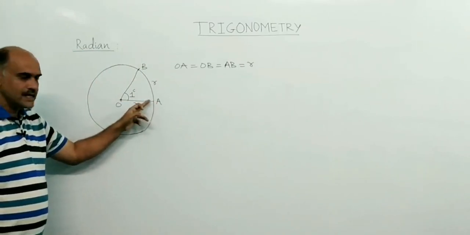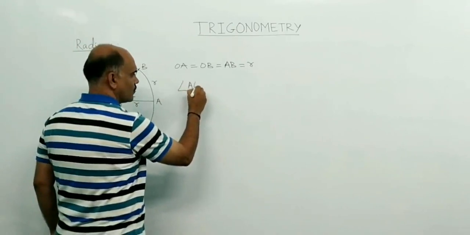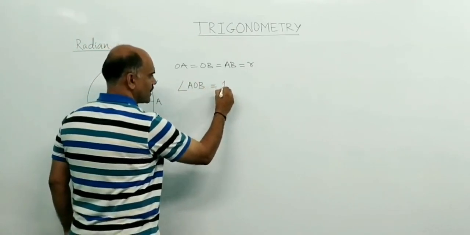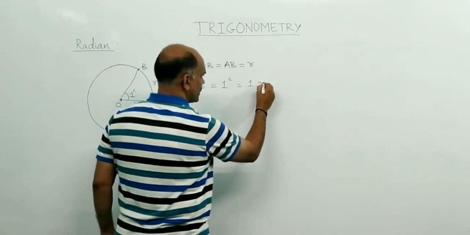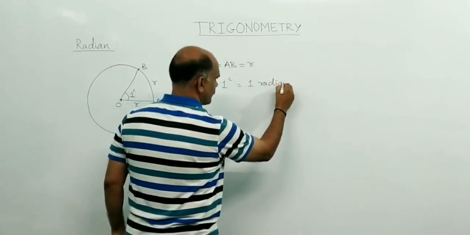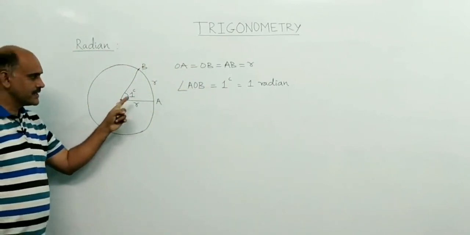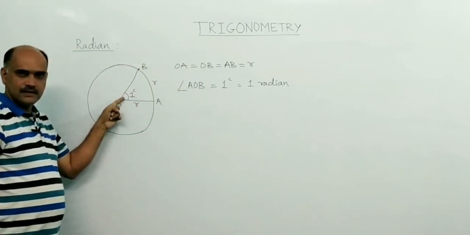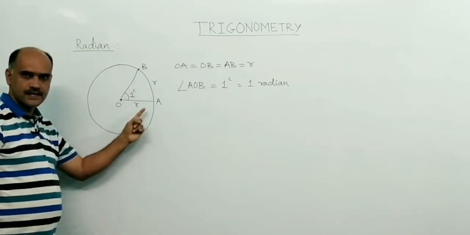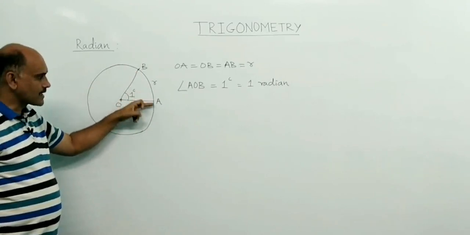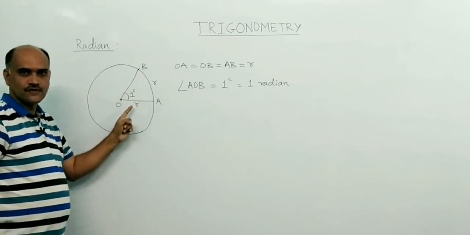Then angle AOB is 1 radian, denoted by C. So you can define it as the angle formed at the center of a circle by an arc whose length is equal to the radius of a circle.